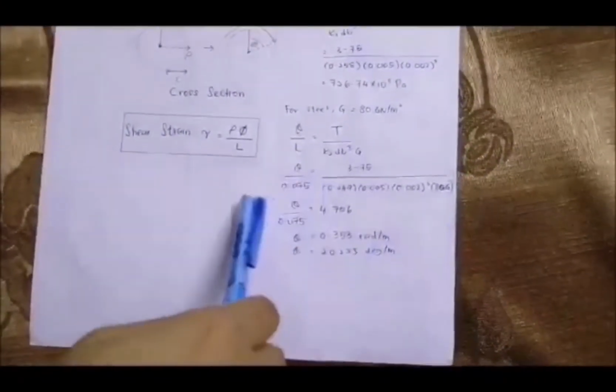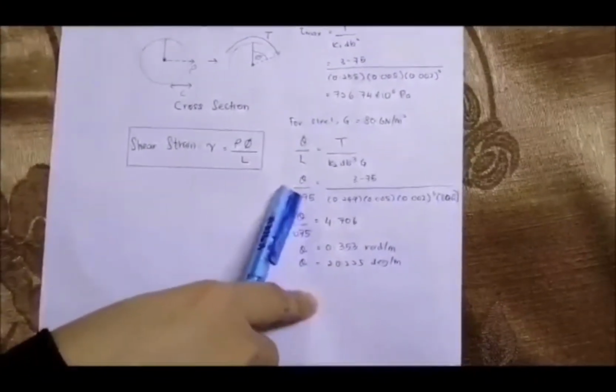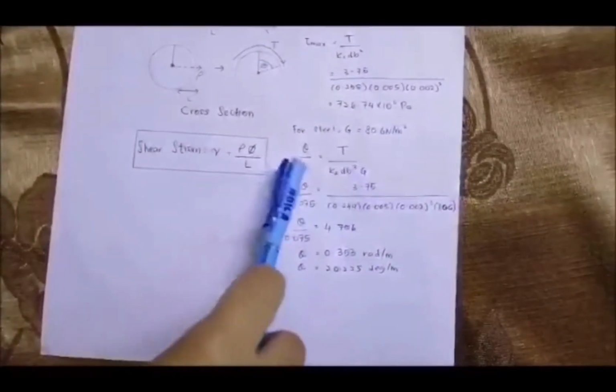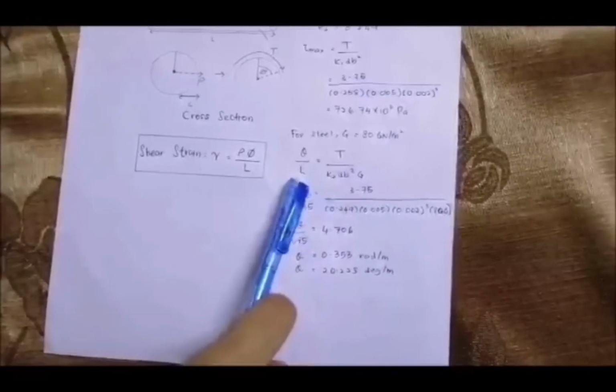For the angle of twist of the rectangular section, we use the formula of angle over length.